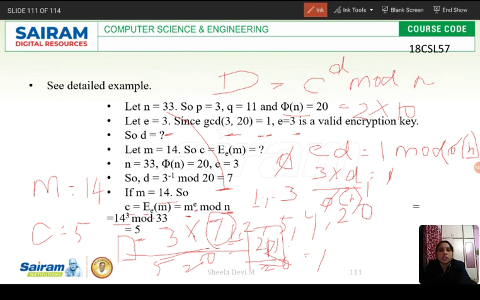C here is 5, and D is 7. So 5 power 7 mod 33 gives the same message value, which is 14. So this is the decryption process, this is the encryption process, and this is the key generation process.